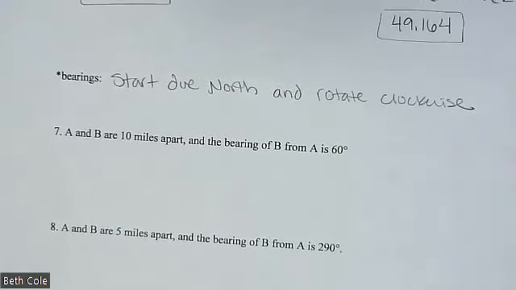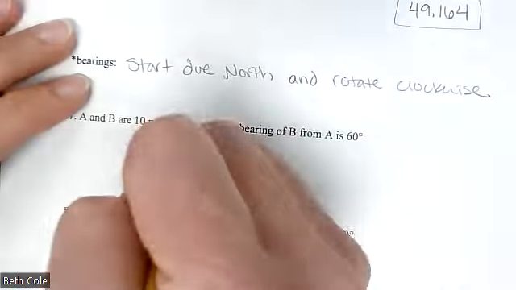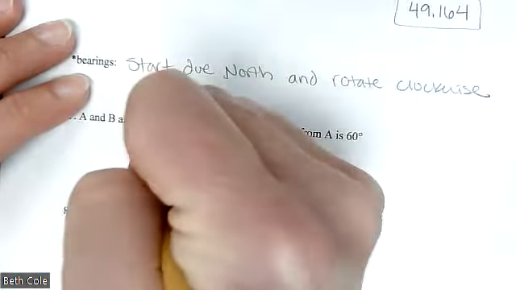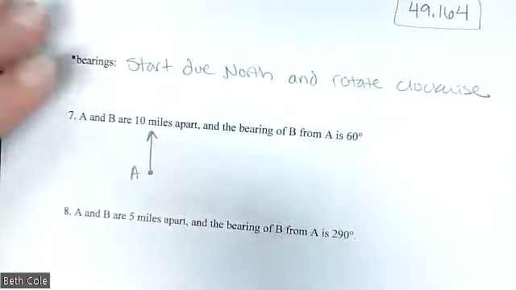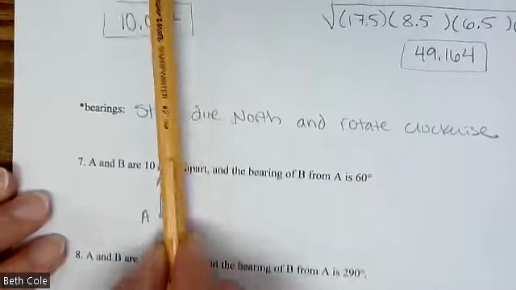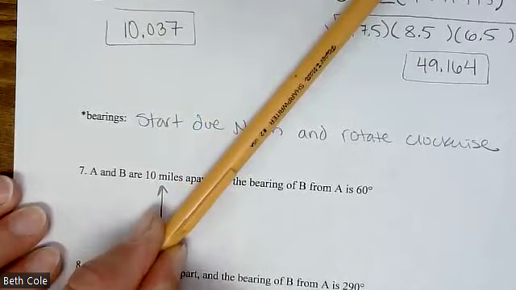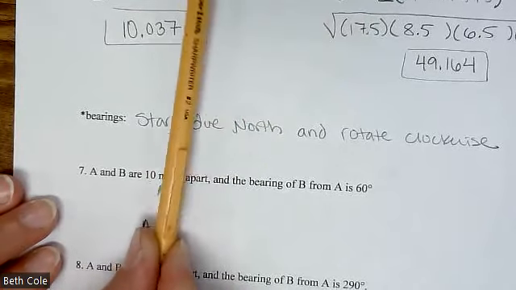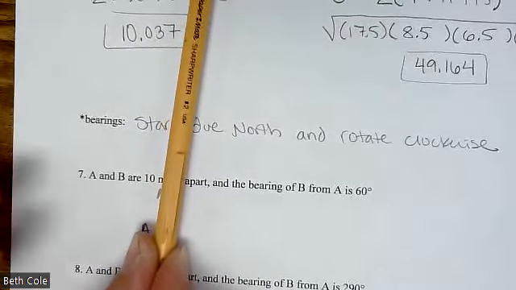So it says A and B are 10 miles apart. The bearing of B from A is 60. B from A. So you start at A and you're trying to get to B. So here's how it looks. This is A. We're going to go due north. And then we're going to rotate clockwise, which is this way. You guys know what an analog clock is, right? I know your clocks are digital, but you know what the circular one looks like?